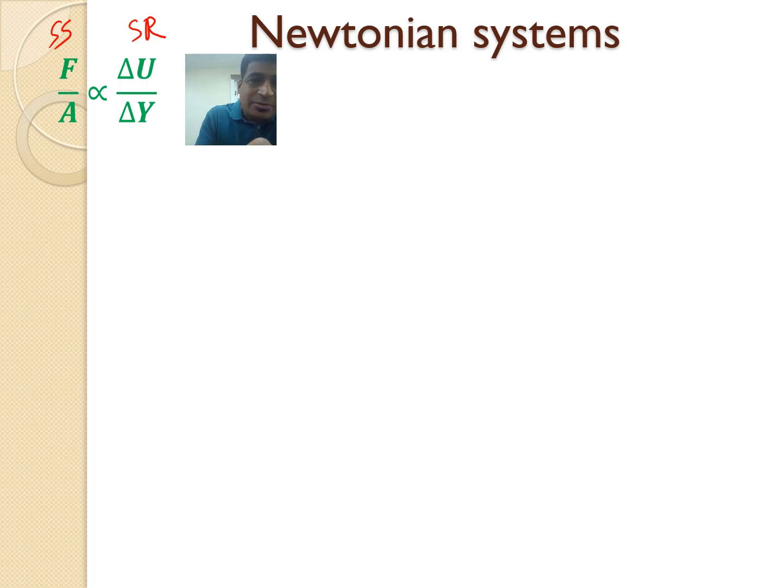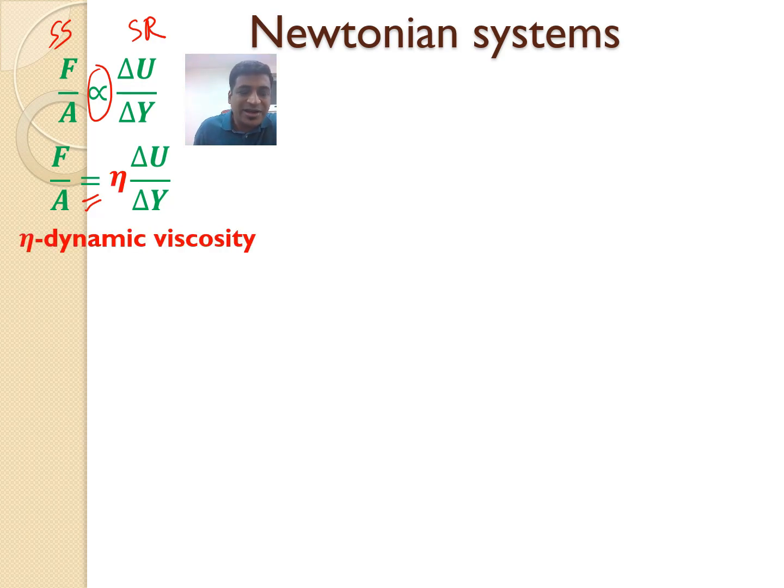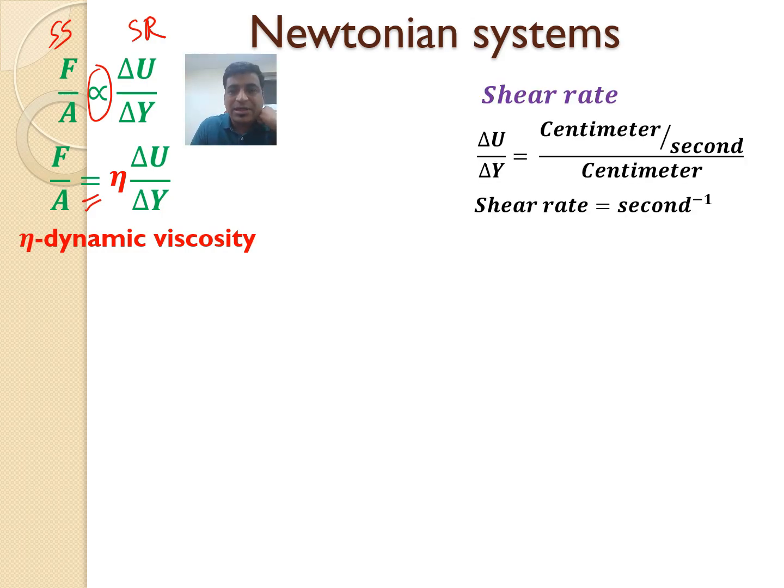We want to get rid of this proportional sign, so we introduced an equal sign, and as we don't have a choice for another coefficient, we have to go with international conventions. So we have to add that coefficient, and that is eta. And what is that eta? Eta is dynamic viscosity.